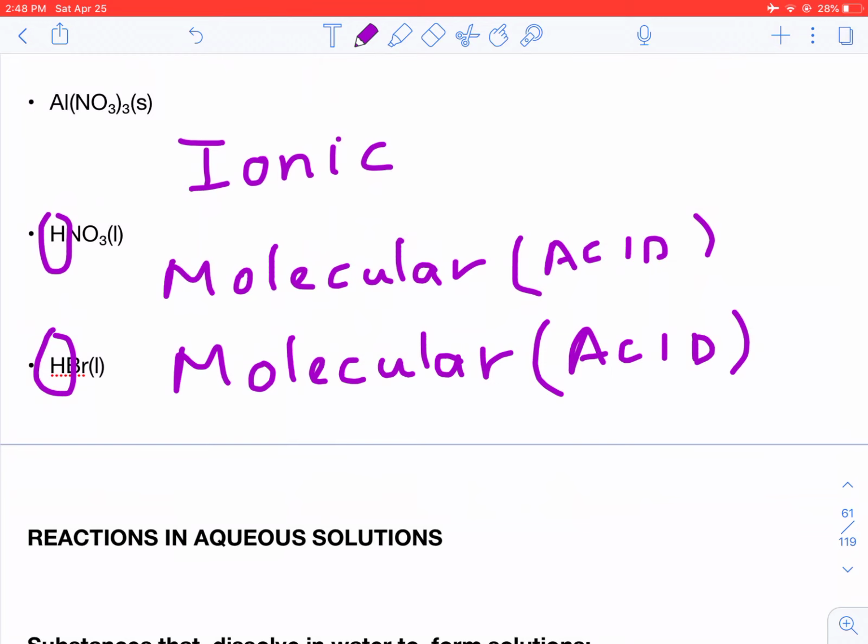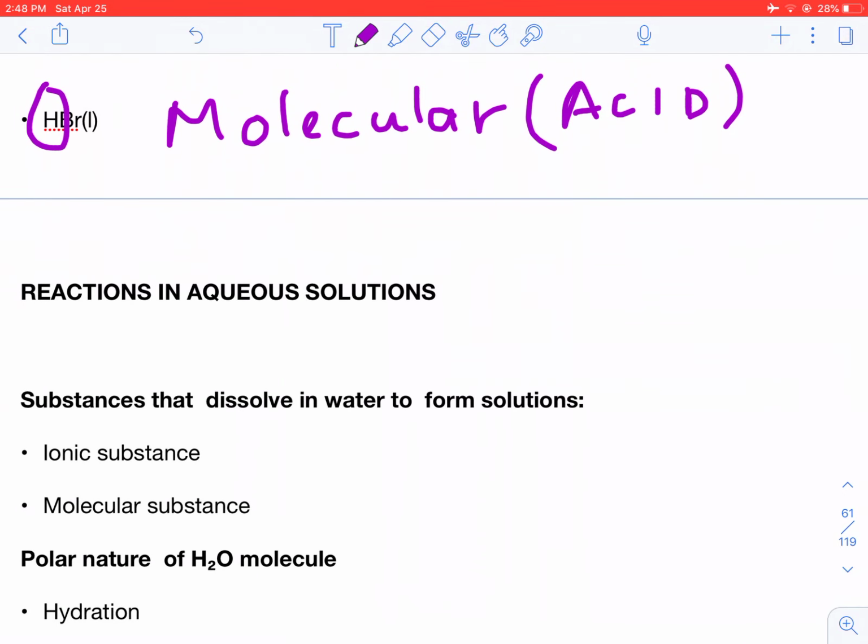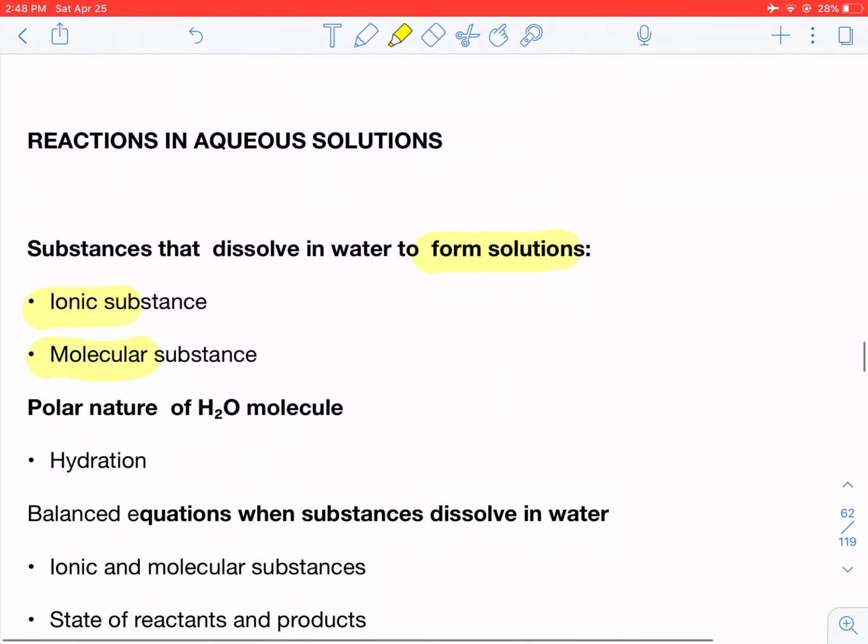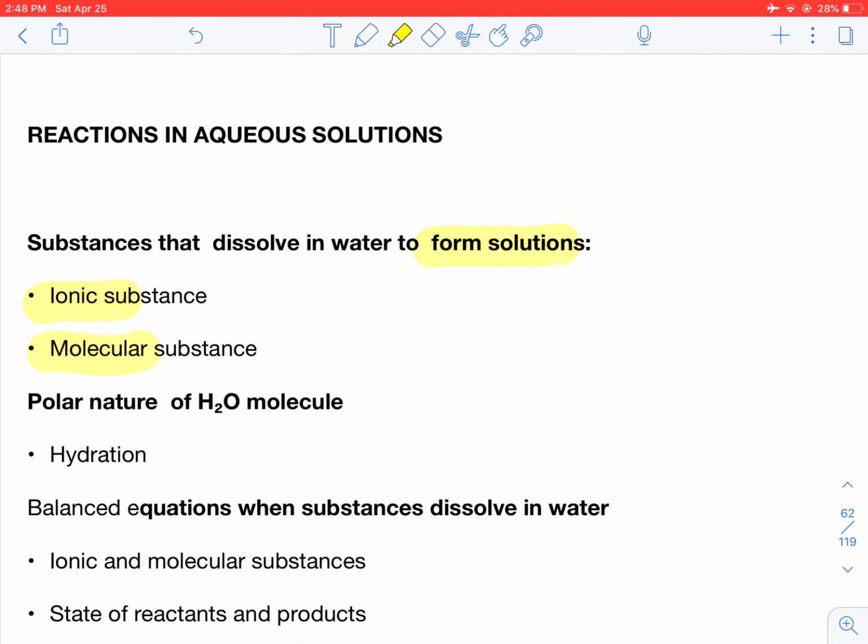Okay, so now let's look at reactions in aqueous solutions. Firstly, substances that dissolve in water to form solutions. We can have ionic substances and we can have molecular substances. I've already alluded to the polar nature of the water molecule, right? We're going to look at the idea of hydration.